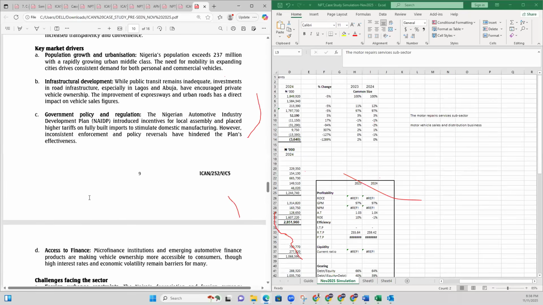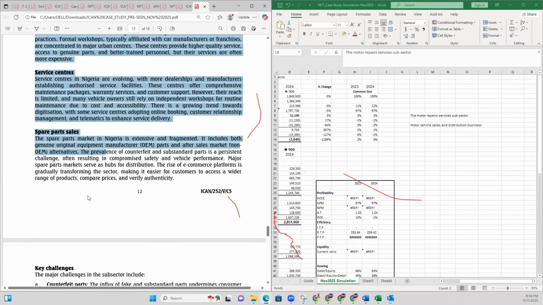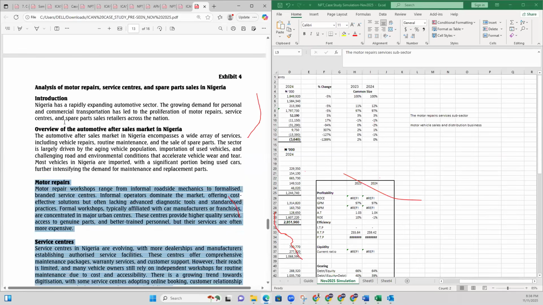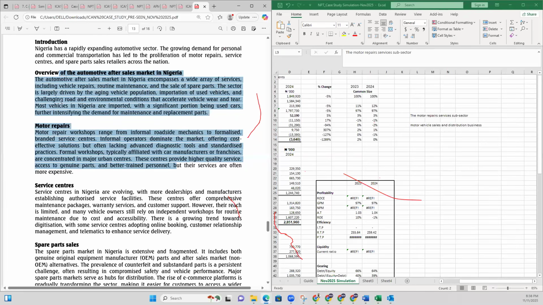I'm just paying so much attention to the fact that there was a specific categorization, right, to brief you on some things it looks like we need to pay attention to. Motor repair, service center, spare part.